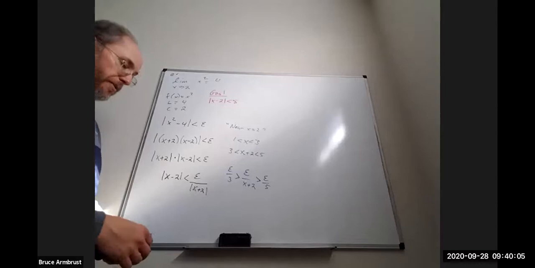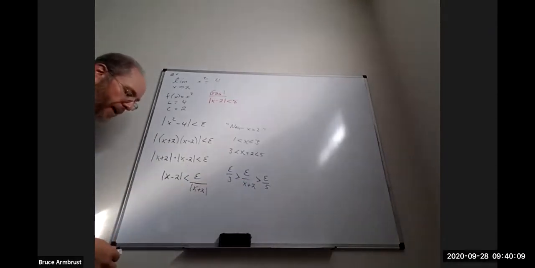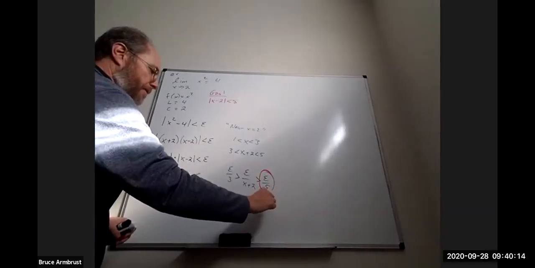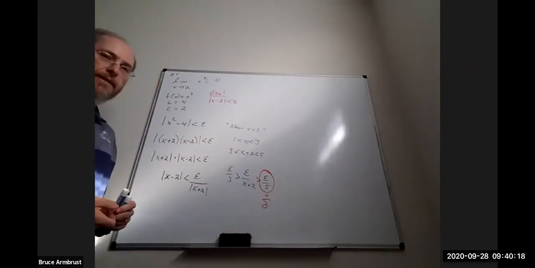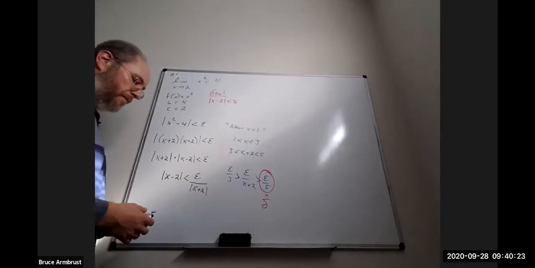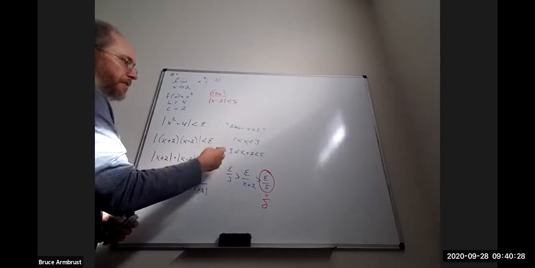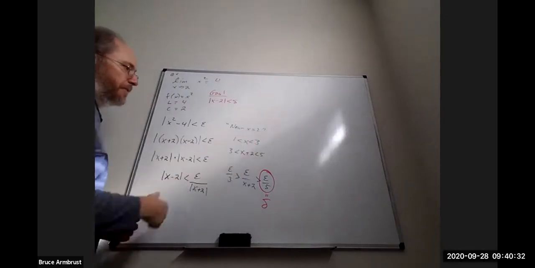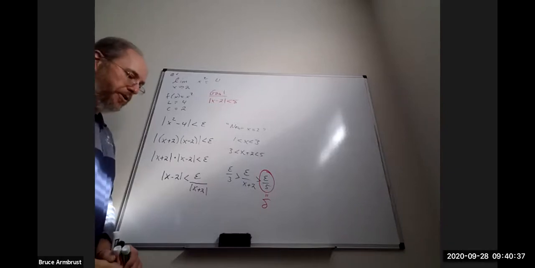So here's what I'm going to do. I'm going to pick the smaller of these two, epsilon over 3 or epsilon over 5. And the smaller one is the epsilon over 5. So that's what I'm going to let my delta be. So as long as being near means I'm in here, I'm within 1 over 3, then this is a perfectly fine delta for me to choose.